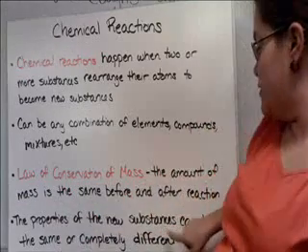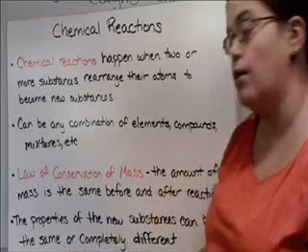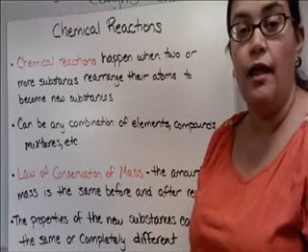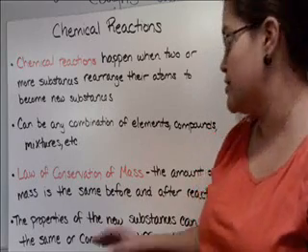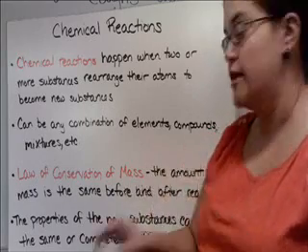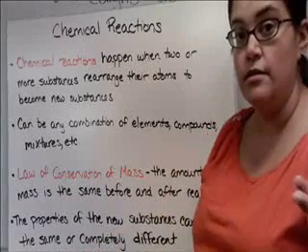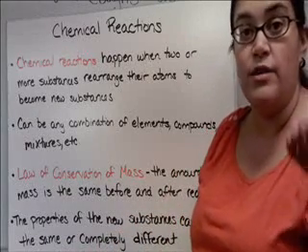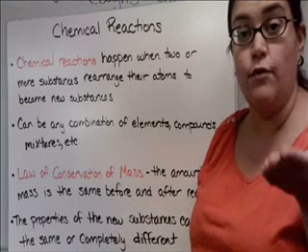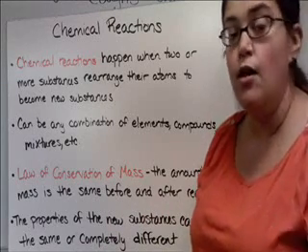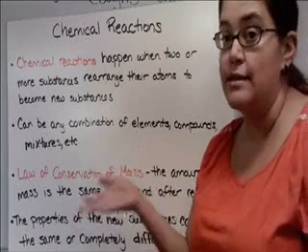The properties of the new substance can be the same or completely different. So we talked about this in the compounds video, that when your compounds are created and changed, the properties can be the same or different. So sodium, which is an element, is a silver metal that reacts with water and it's flammable, and chlorine is a poisonous gas.